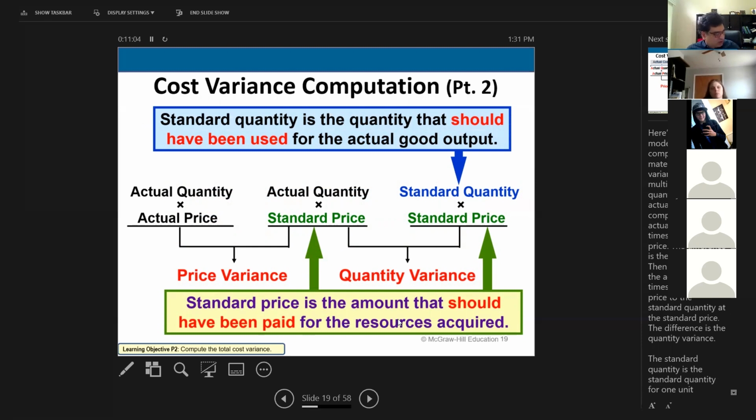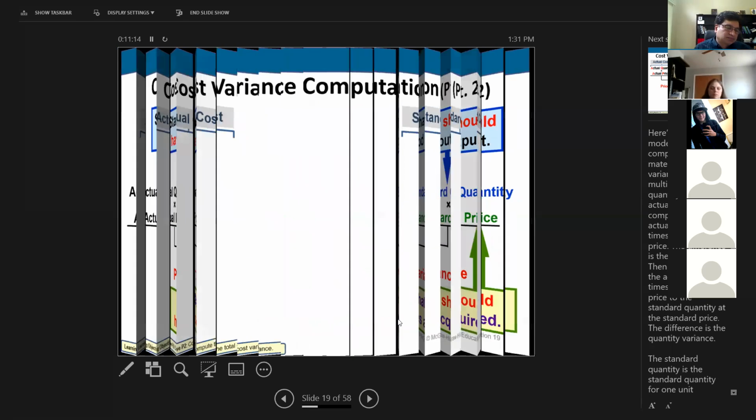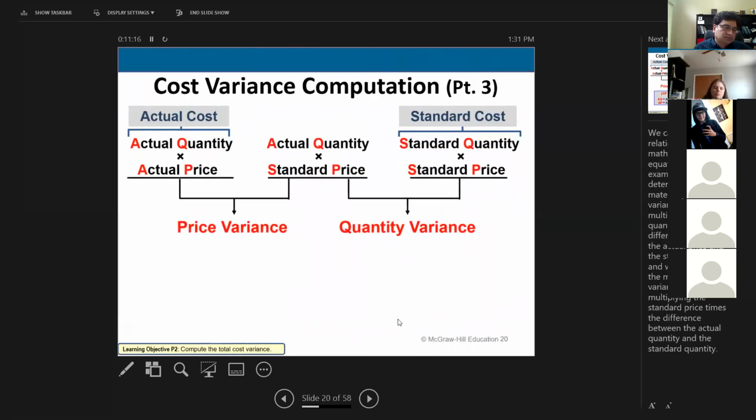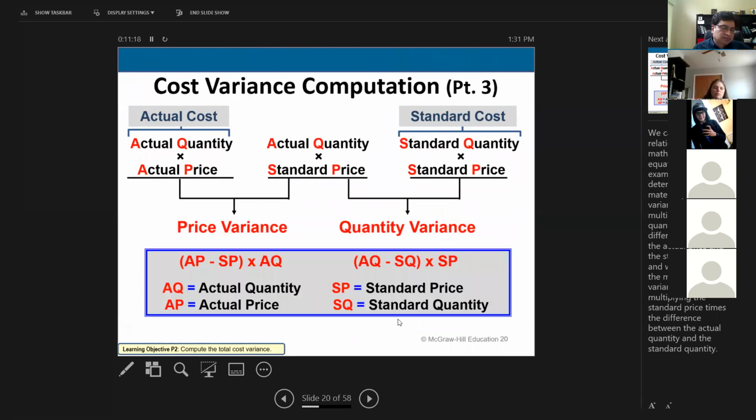Any questions, please? Nope. And this is the crux of everything that I already told you. Make sure you understand both of these formulas very, very clearly.